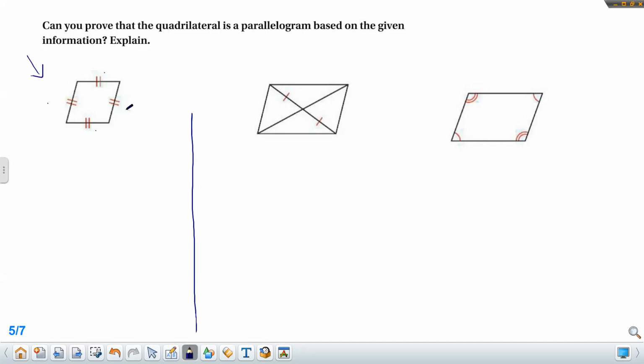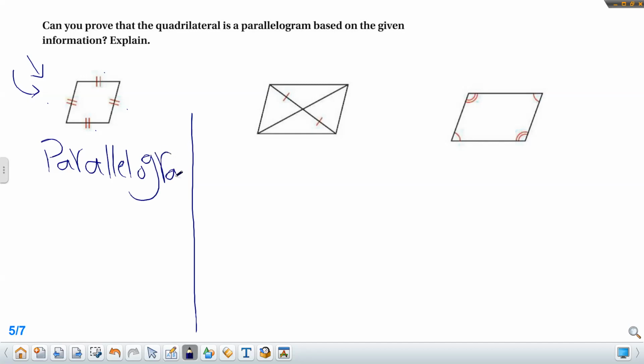Remember, you studied two minutes ago that if each two opposite sides are equal, the figure is a parallelogram. Here I have four equal sides, no problem. But finally, each two opposite sides are equal, sure. So now we can say this figure is a parallelogram.